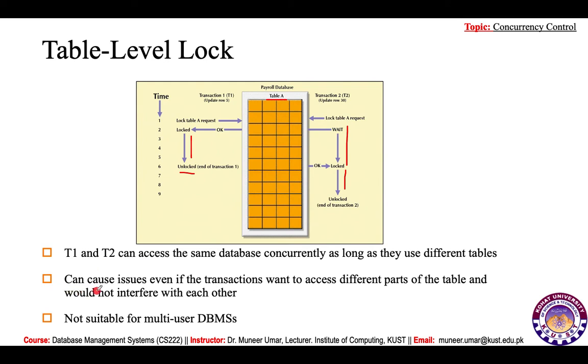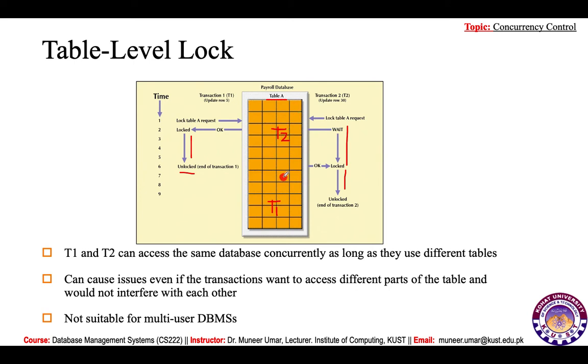It can cause issues even if the transactions want to access different parts of the table and would not interfere with each other. In such a case, the entire table is locked. It is possible that in this table, T2 wants something to be changed here, and T1 wants an operation here.